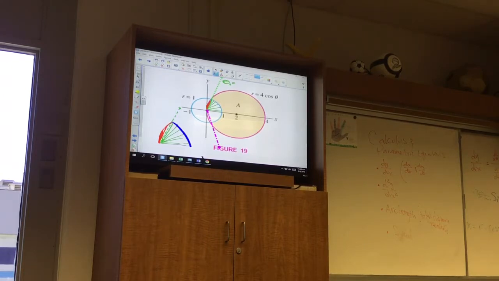If I have that the r values are exactly equal, so you're setting the r's equal to each other, am I guaranteeing that these guys will intersect? If they have the same r values? No, because one could have an r value of 1 and be, let's say, up here, while the other one has an r value of 1, but that's only true over here.